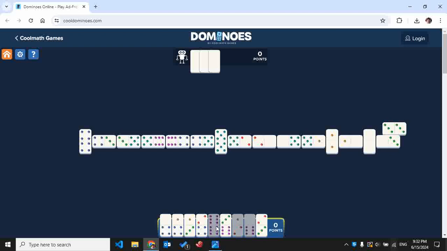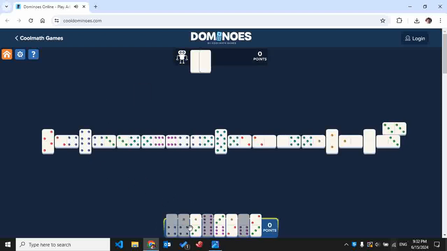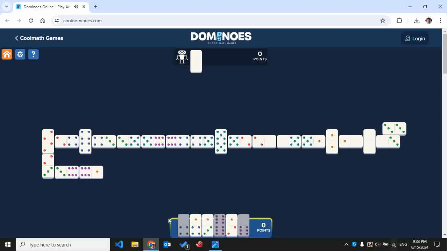Okay, for six dots, no, we have three dots, four dots. Okay, four dots is here, so you can place it here. Similarly, it has split two, so we have two here. So three, so here is three, and one we have, yes, one we have.